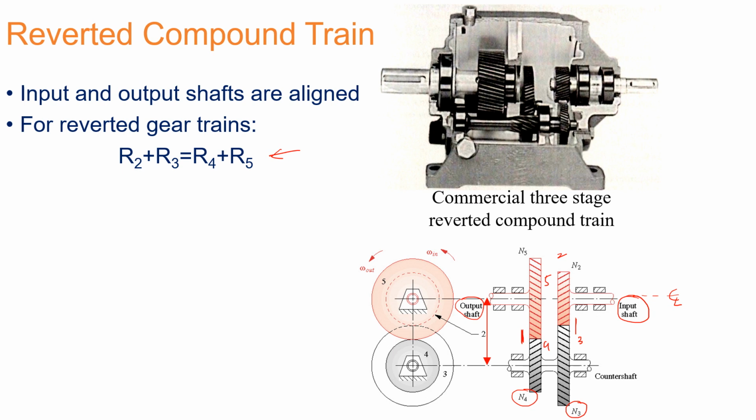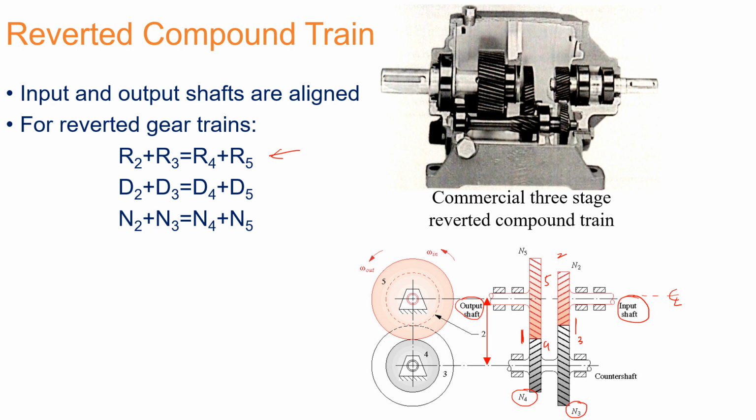Obviously, only then will you have the input shaft and the output shaft lined up. And that would mean you can write a similar expression for the diameter, and for the number of teeth on these gears as well.